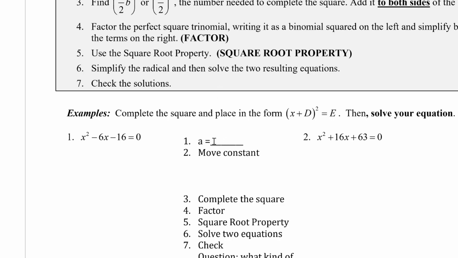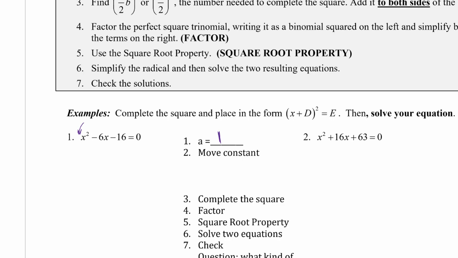Okay, so the first thing is, we've always been sure before we actually take our half of b that a is 1, right? So we're still going to keep checking that. We're going to look at our original quadratic and make sure that a equals 1. If a is not 1, then we're going to do some division. You're going to see examples of that later, okay? But a is 1 here.